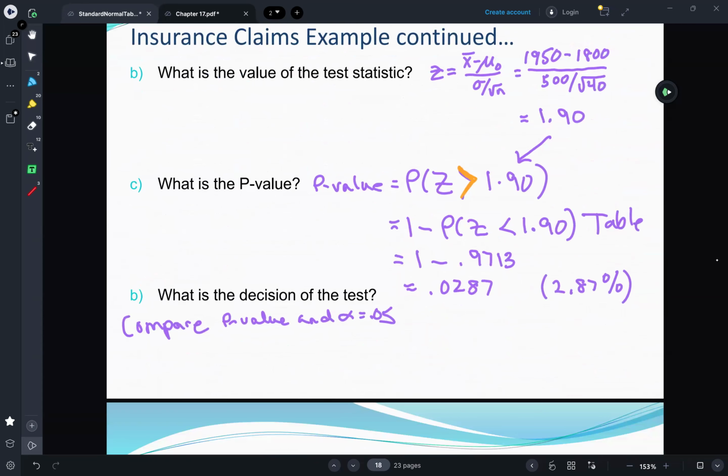So we ask ourselves, is the p-value less than or equal to alpha? That's the question we want to know. Is the p-value less than or equal to alpha? So you go, well, it's 2.87% and alpha is 5%. What's the answer?